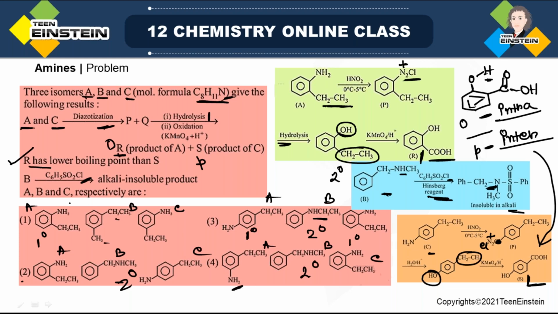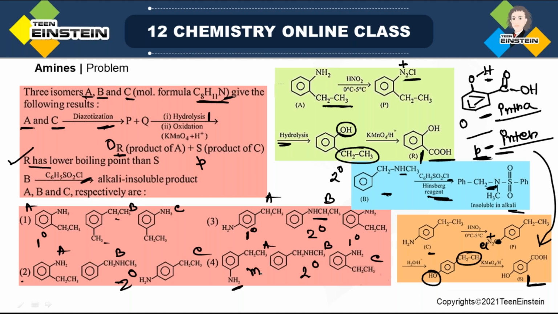Because with meta, this type of information that R has lower boiling point than S is not applicable, right? Here also intramolecular hydrogen bond is not possible, and whether intermolecular hydrogen bond is possible or not, you cannot compare directly. It is mostly for para. So that is why this meta one is also not possible.